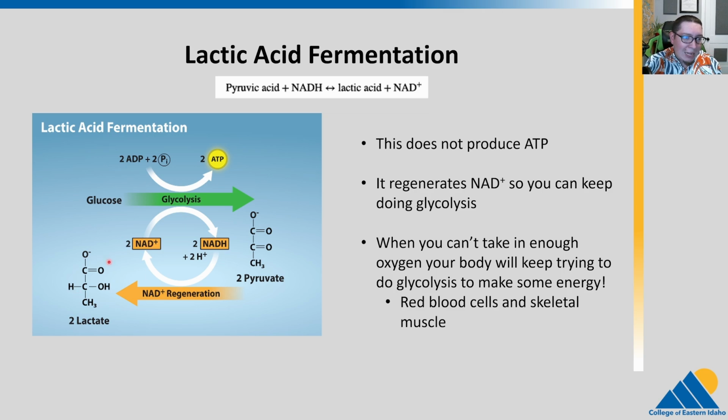So we go through lactic acid fermentation. We can keep doing a bit of glycolysis, but that's not enough, right? That is nowhere near enough to keep a large multicellular organism going. So you can only do lactic acid fermentation for so long. And after that, you have to slow down, stop, and get enough oxygen to restore that aerobic respiration.